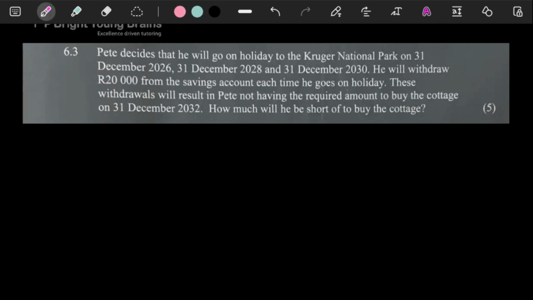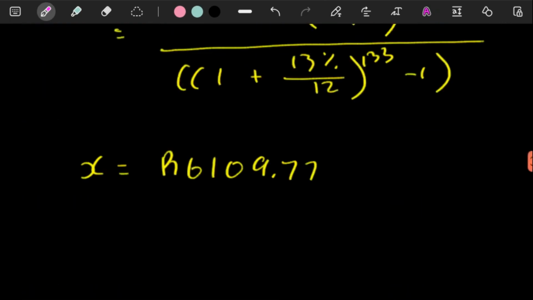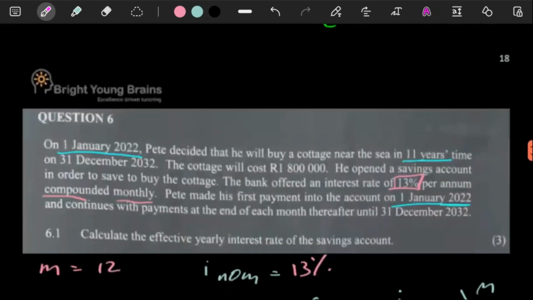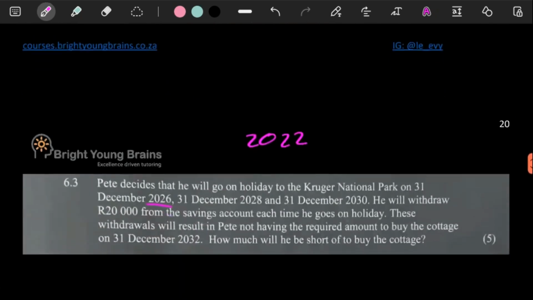So what you need to keep in mind is that when he withdraws the first 20,000, he is technically robbing himself of about, let's see, because remember initially it's from 2022. This is the logic behind this. From 2022 until 2026, this is after 4 years, right?